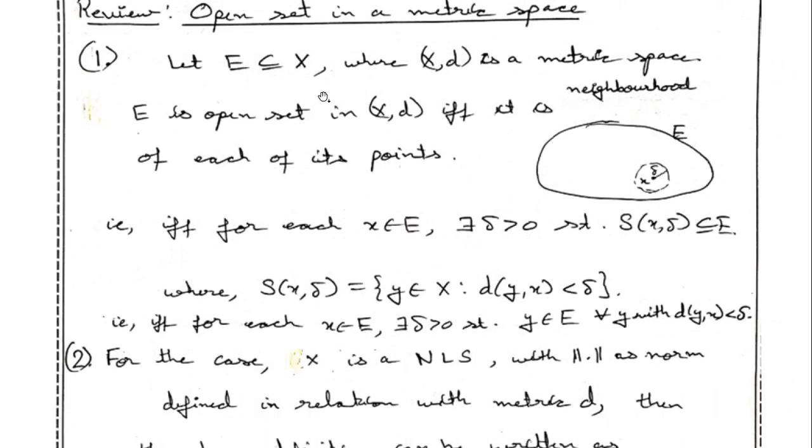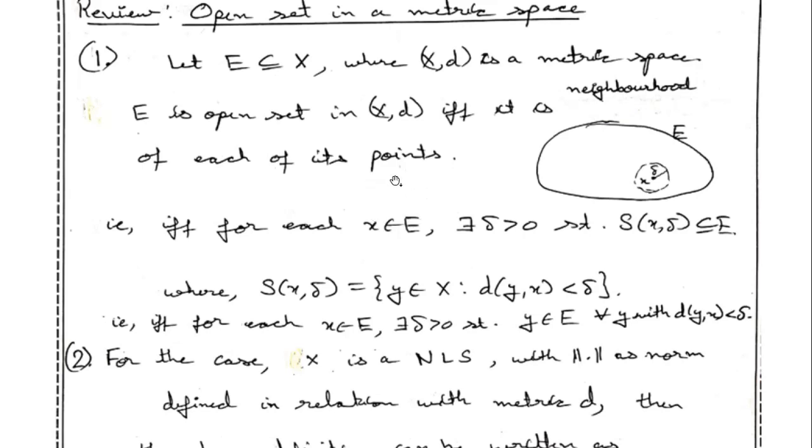So let us recall the definition from metric spaces. If we are given X, a metric space with respect to a metric d, and we have some subset E of this metric space X, we say that E is an open set if and only if it is a neighborhood of each of its points. Now, what is the meaning of neighborhood of a point?